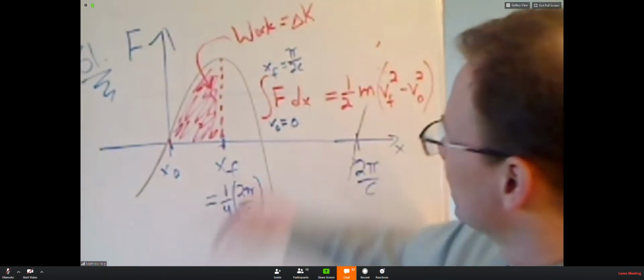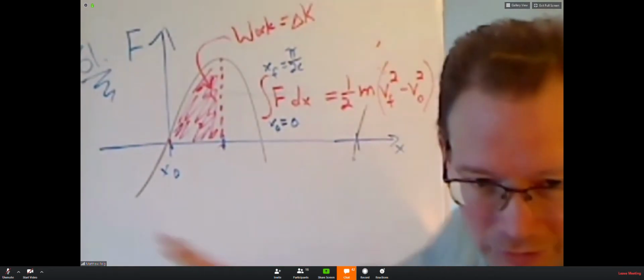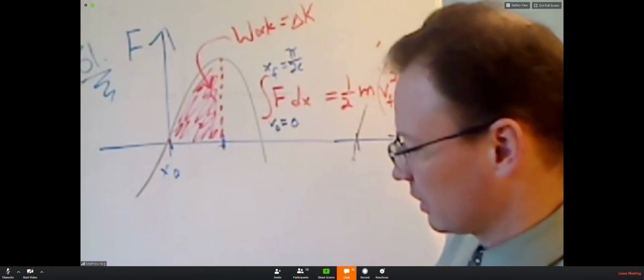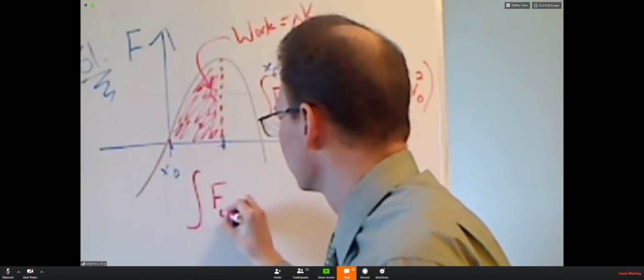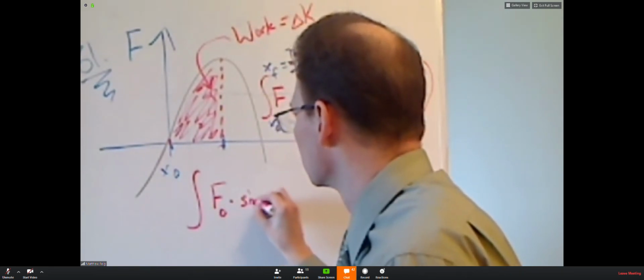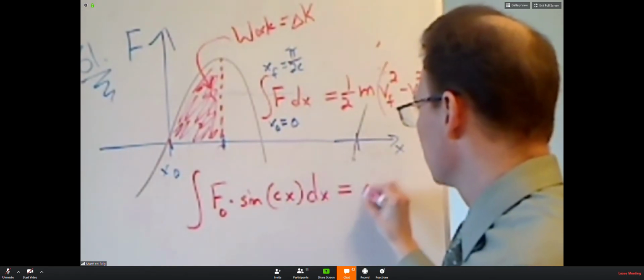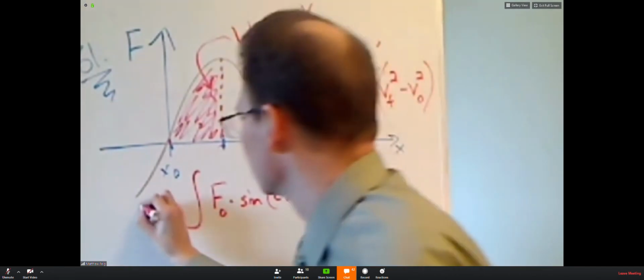And negative cosine, yeah. So the antiderivative, I think if you do it out very fully, and if you guys want to leave or sign off, you're dismissed, just saying, if you want to do this very fully, I would say integral of F0 sine of Cx dx. And for right now, I'm just going to say delta K over here.